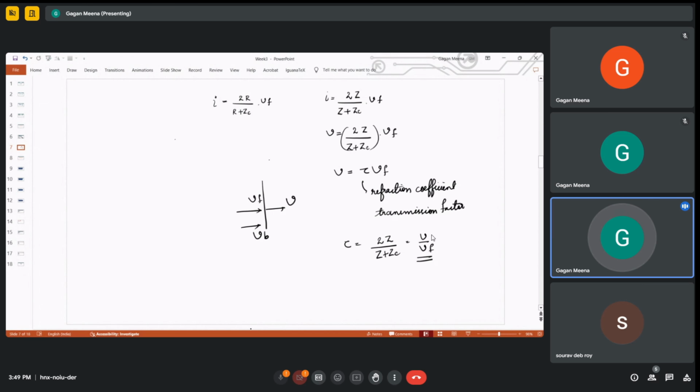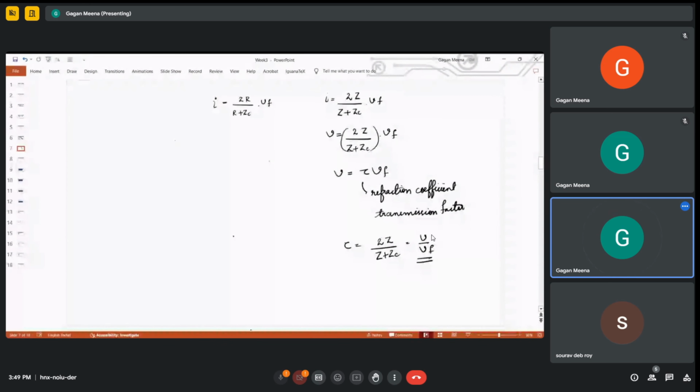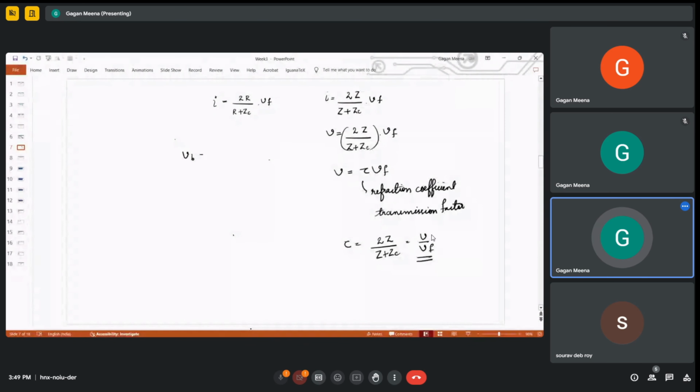V is V forward plus V backward. This current IF is in this direction, but I backward is in this direction, opposite to VF.